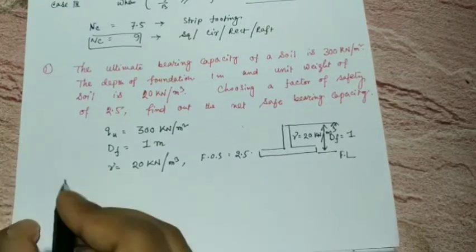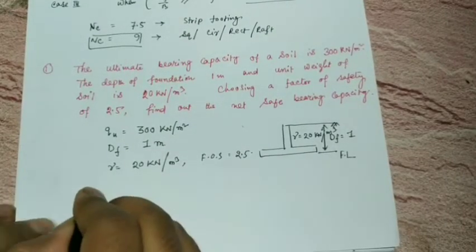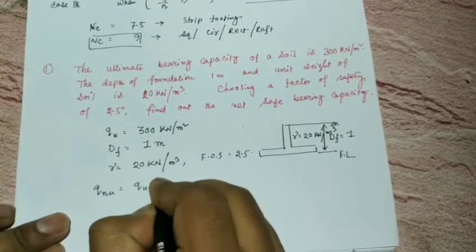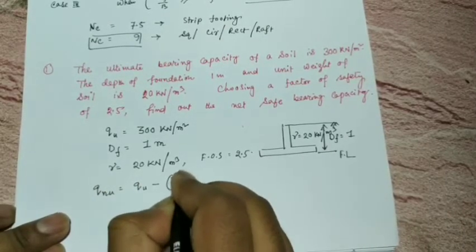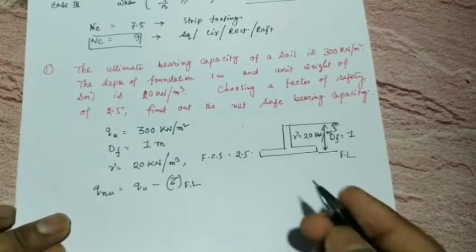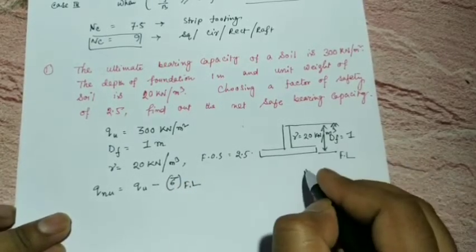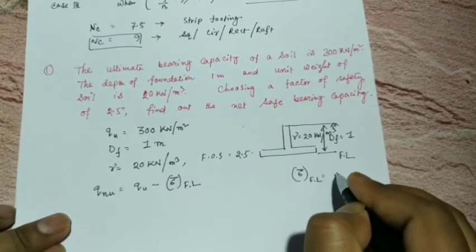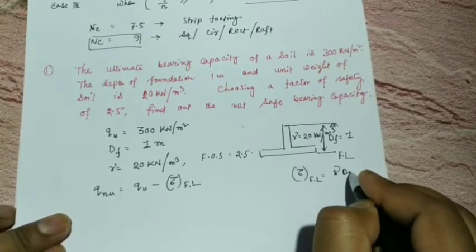So now what is the equation of net ultimate bearing capacity? Qnu is equal to Qu minus effective stress at foundation level. So look, what will be the effective stress at foundation level? Effective stress at foundation level will be gamma Df.